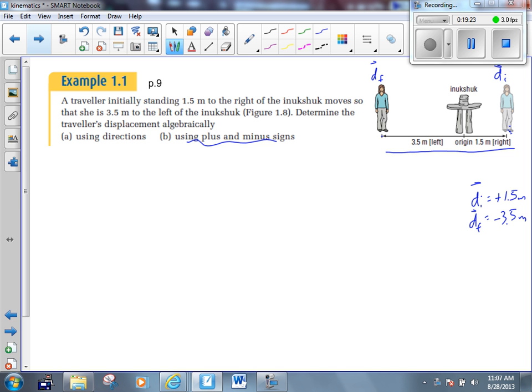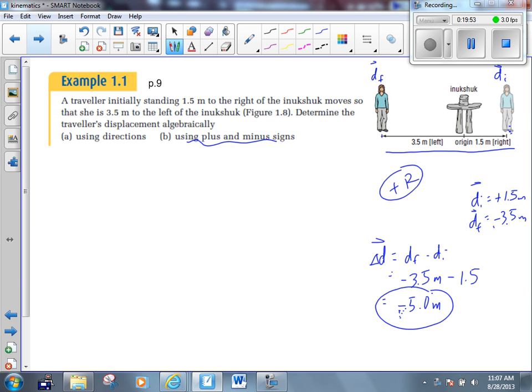Delta D, the change in position, the displacement, will be DF minus DI, which is negative 3.5 minus 1.5. What do we get? Negative 5. What's the negative mean? What did we say the negative meant up here? Okay, if right is positive, then left is negative, and that means to the left.